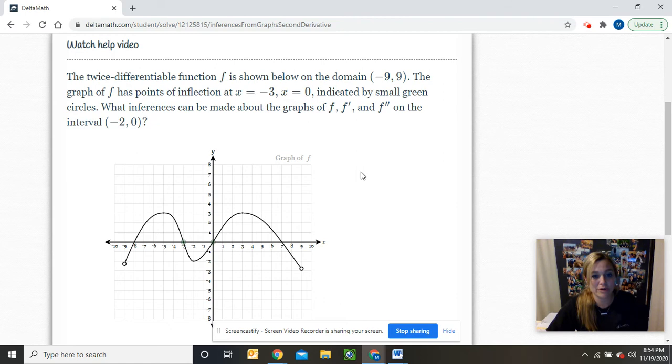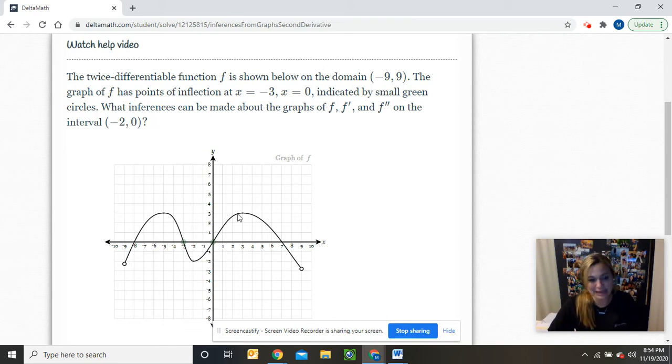So on the interval from -2 to 0, I'm thinking, okay, well, what's going on with the graph of f? From -2 to 0, I can see that f of x is going to be positive or negative? It's negative because it's below the x-axis. So just exactly what you see.